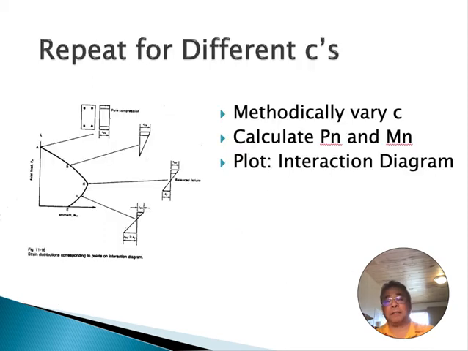Okay, you repeat for different C's, calculate P and M, and you plot it. And what we would have, if everybody did it right, we would get 74 answers, each one with a different C, and it would be something like this. And every once in a while, somebody will have made a mistake and their point will be out there, and we'll know that that was wrong.